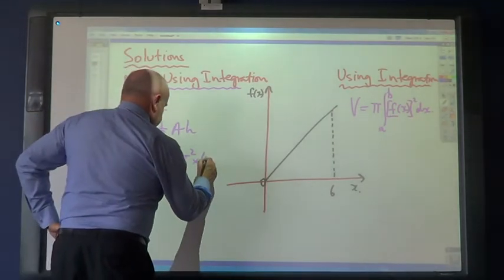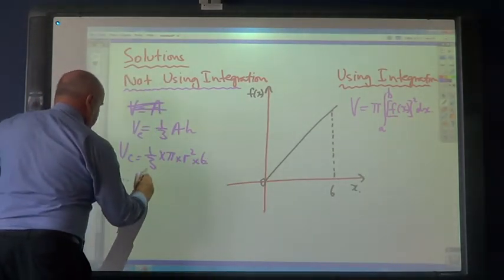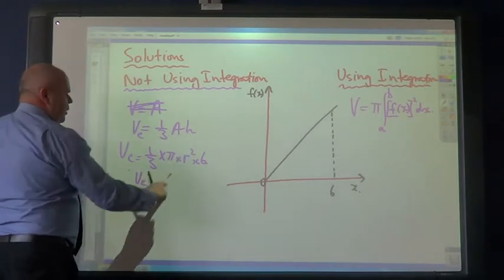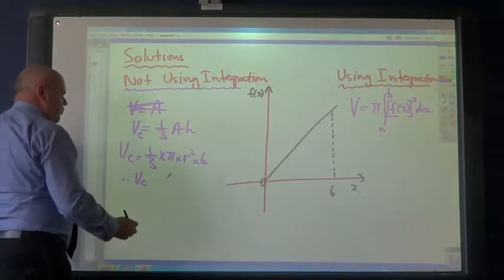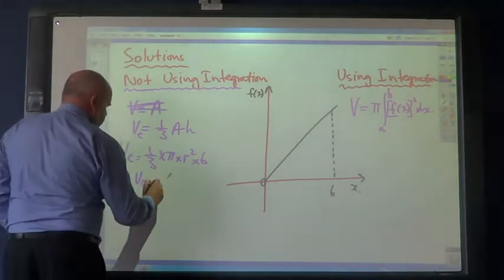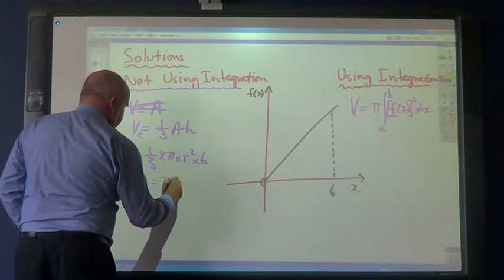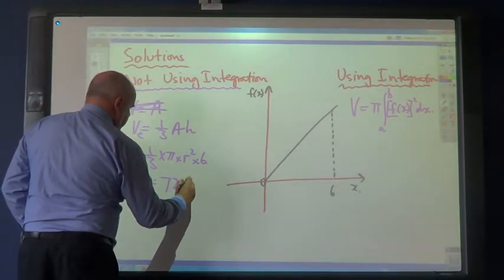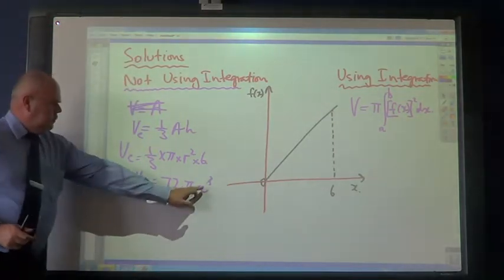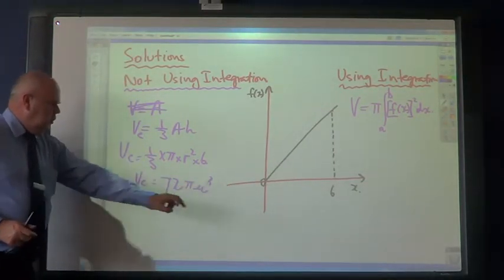Now you're going to find that r is 6, so 6 squared is 36, times 6 is 216, times 1/3 is 72, so the volume of the cone will be 72 pi units cubed. Units, u for units, u cubed.